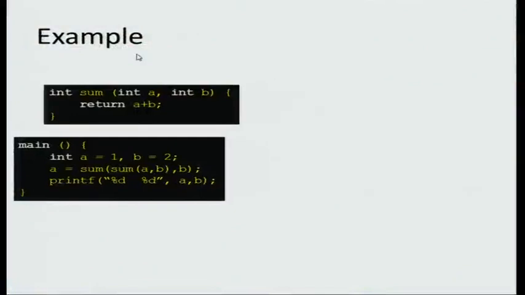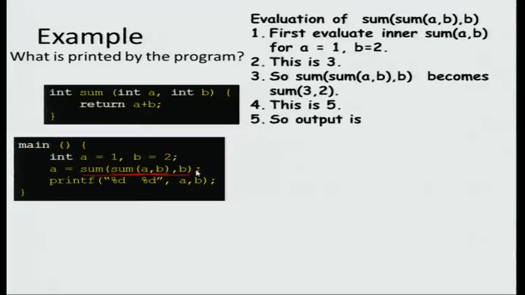Now let us try a slightly more elaborate program. What happens if you have sum of a, b and then sum of that with comma b? So, this is the program. In this case, what will happen? So, first evaluate the inner function, sum of a, b.